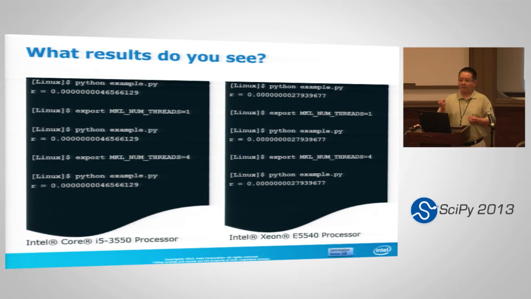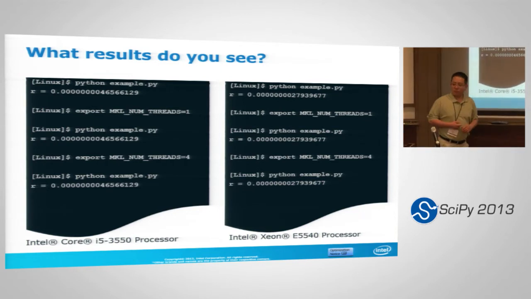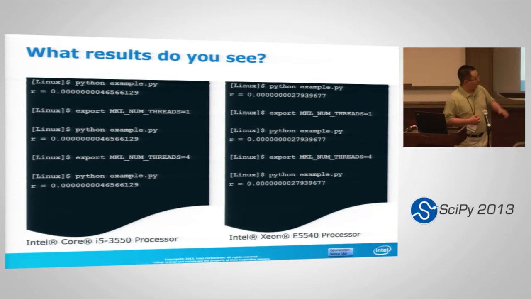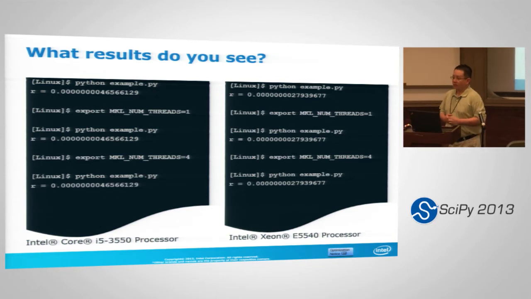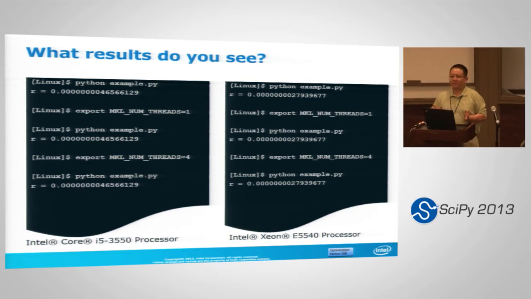By default it spawns multiple threads. For example, on this 4-core machine, it spawns 4 threads and runs in parallel, and on the 8-core machine, it spawns 8 threads running in parallel. So maybe that's the reason, all right?